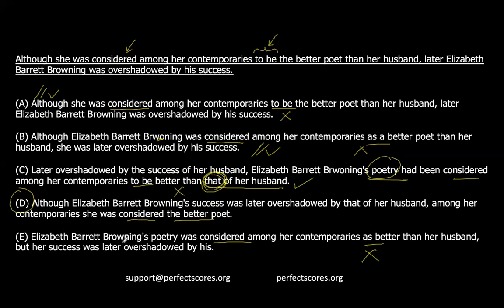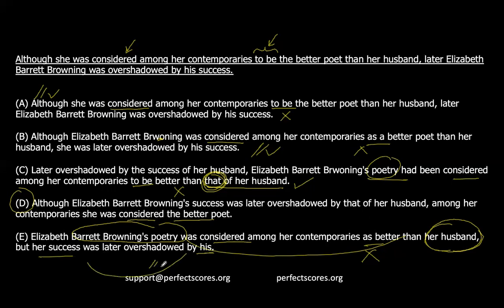D is fine. E, "her poetry was considered." Yeah, see, there's a problem in E in terms of parallelism also. You're comparing poetry better than her husband. So that's a problem. You can't compare poetry to husband. Her success, his success.